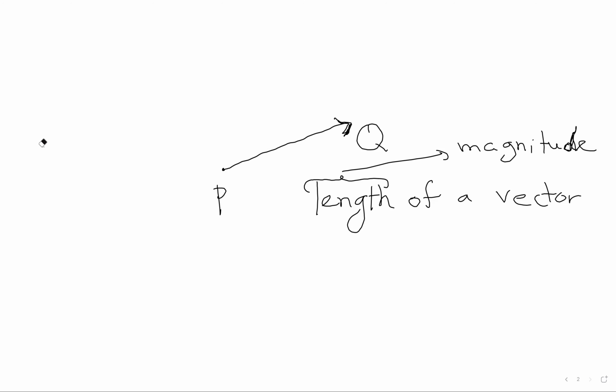The other thing about a vector is its direction. The direction of a vector is another important piece of information that we have about a vector.